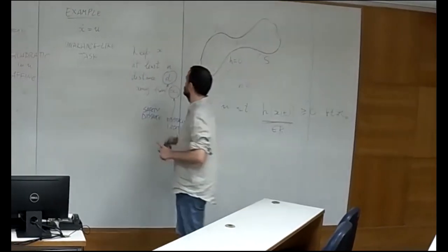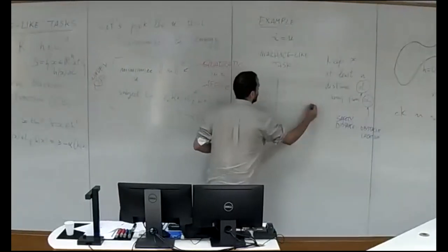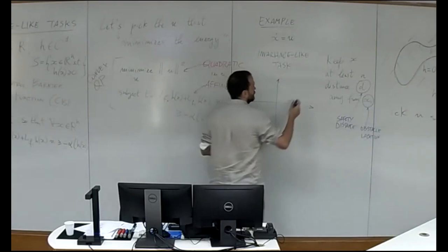If x is at least a distance d away from this. Let's say we are in R2, so x is a point in R2.